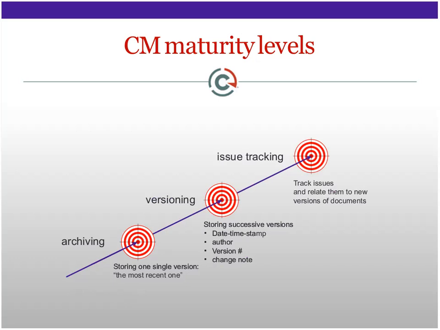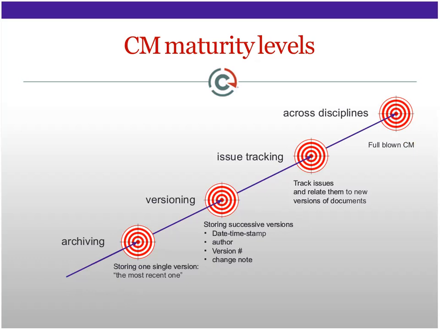The next level is to introduce issue tracking. So you can relate every version to an issue. And an issue starts with maybe a customer that has a new requirement, or you discovered a bug, or whatever. And this results in a new version, and you can relate that version to the number on the issue list. And the latest, highest level is that you can do this across disciplines.